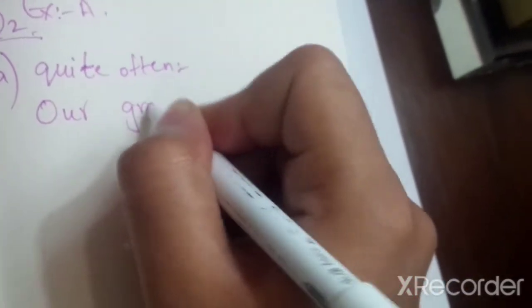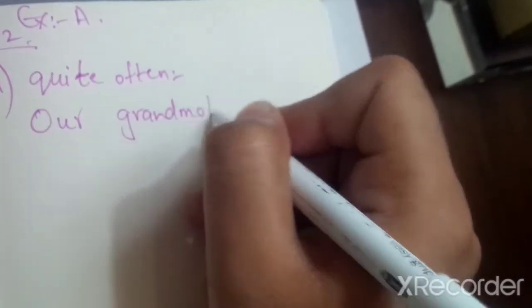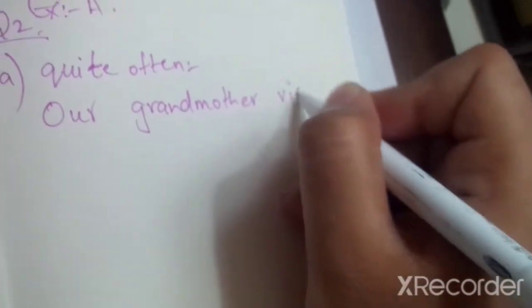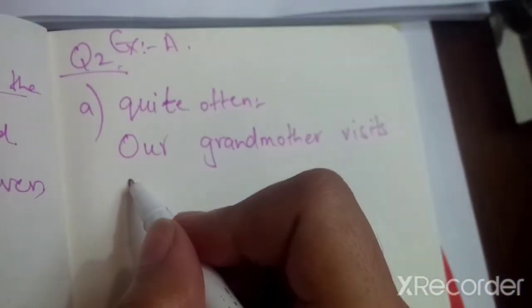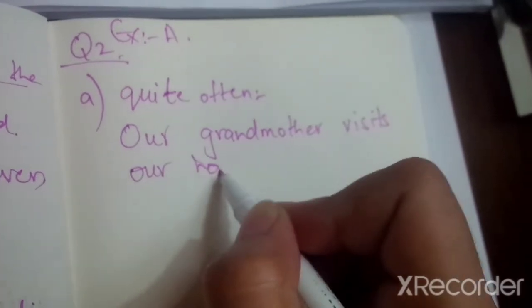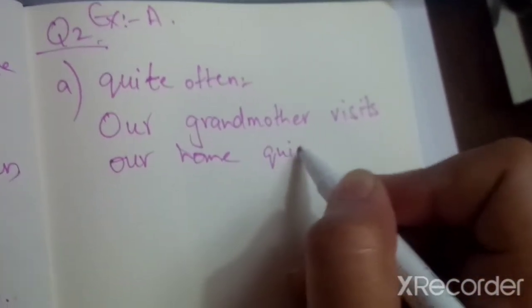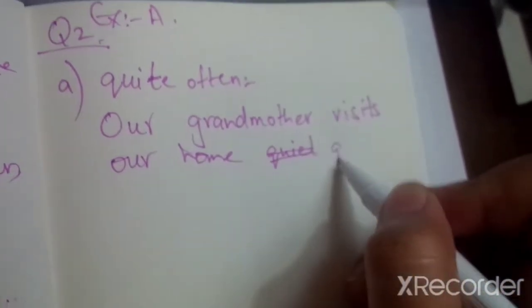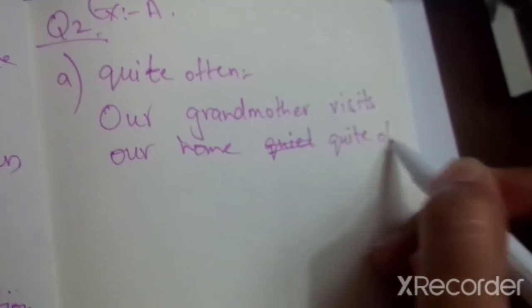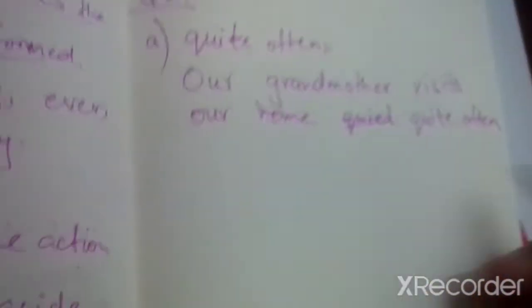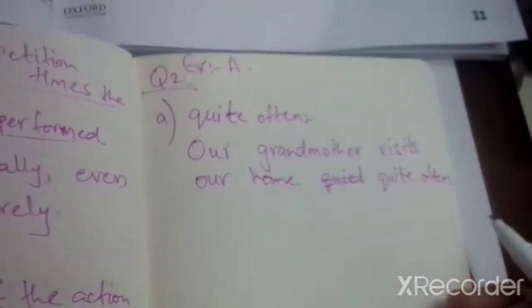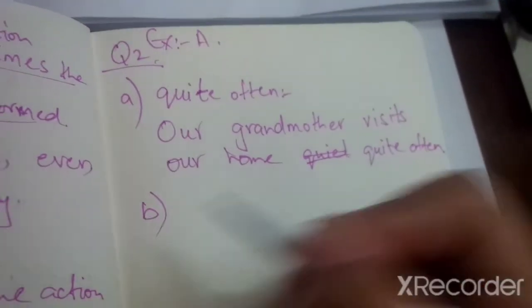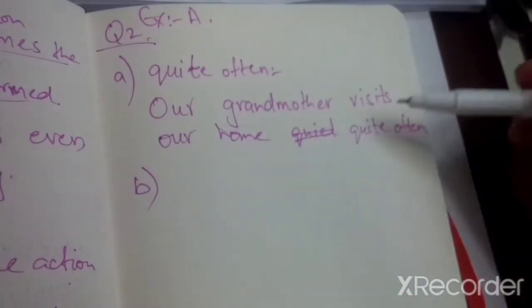Our grandmother visits our home quite often. See, it is an example of this sentence. You can make a sentence of your own if you want to, or you can use mine.